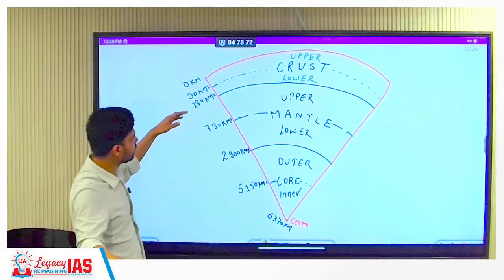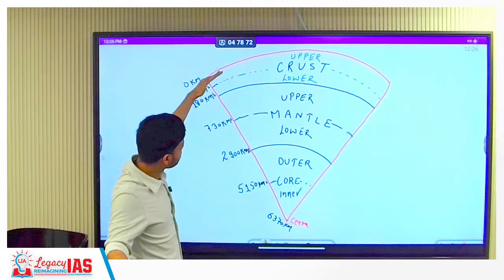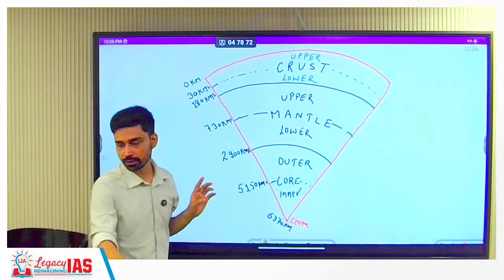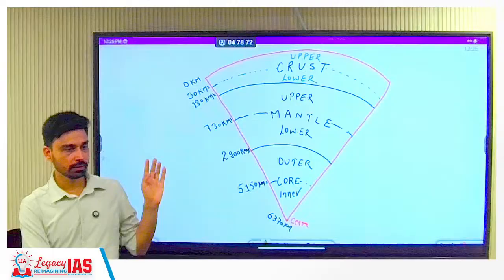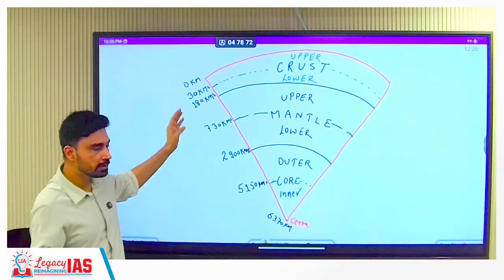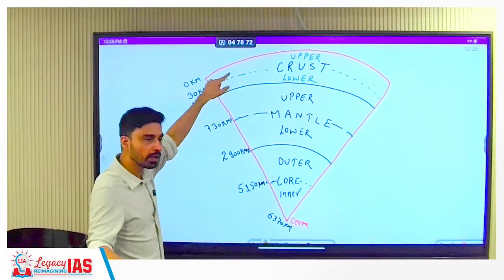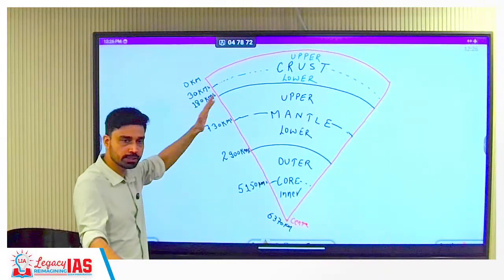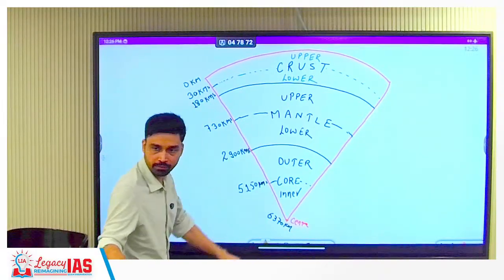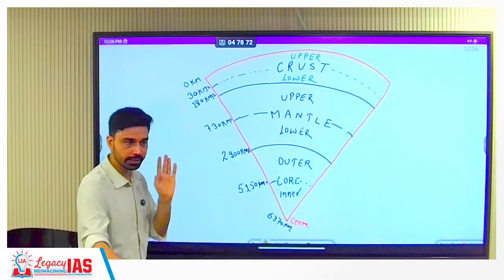What we see is that if you go from surface to center, two things are increasing. What is increasing? First of all, the temperature, and second is the density. So the uppermost part is having the lowest temperature, lowest density. The innermost part is having the highest temperature and highest density.